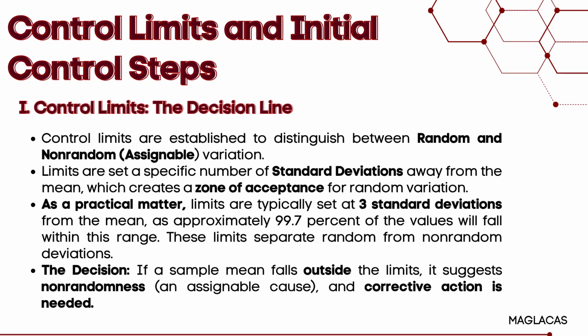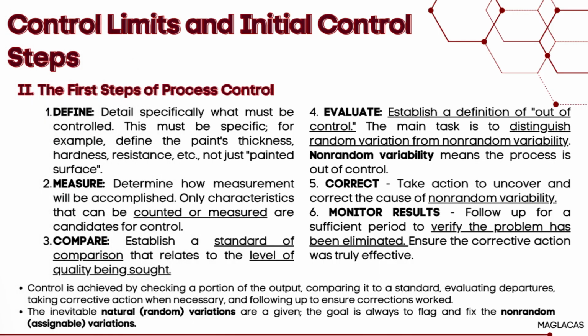Practically, limits are generally set at three standard deviations, as this range reliably includes about 99.7% of all typical values, thereby separating normal variation from abnormal deviations. The resulting decision rule is simple. If a sample's average falls outside these limits, it signals a non-random event, and corrective action must be taken.